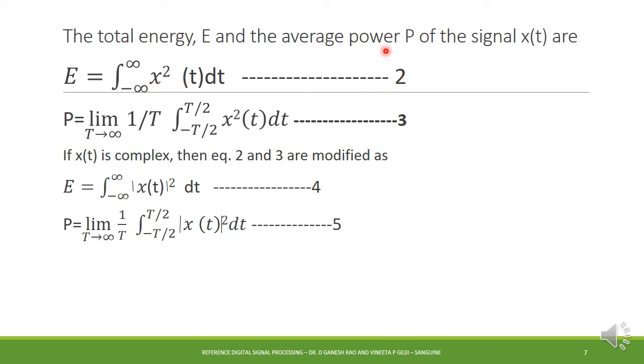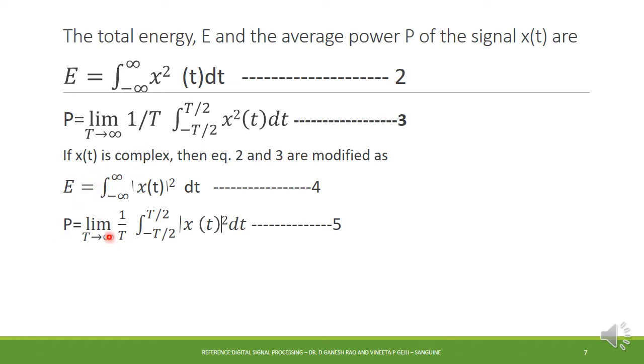Similarly, to find the average power, we have to take the limit as T tends to infinity of 1 by T, the integral from minus T by 2 to plus T by 2 of x square t dt. This is your equation number 3. Next, if the signal x of t is complex, then equations 2 and 3 can be written like this.